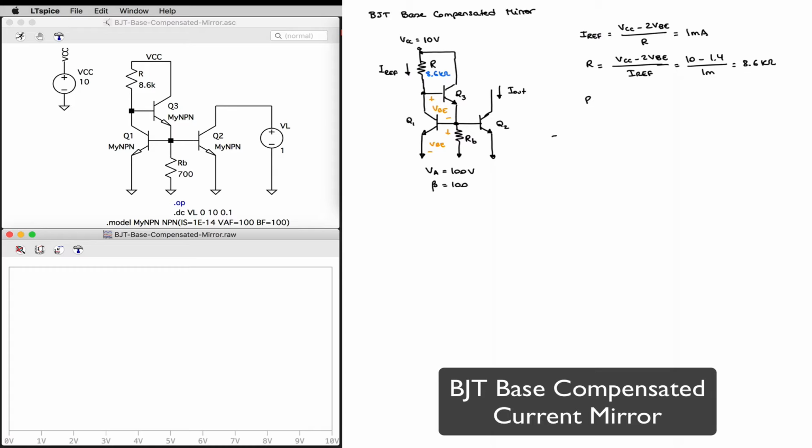So my RB must be equal to VBE divided by IRB, IRB being, of course, the current through that resistor, not to be confused with the base currents, so perhaps I will rename it to IRB.